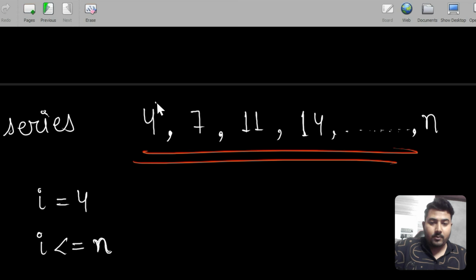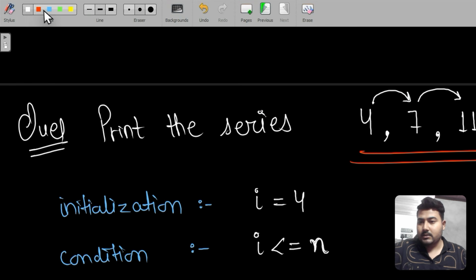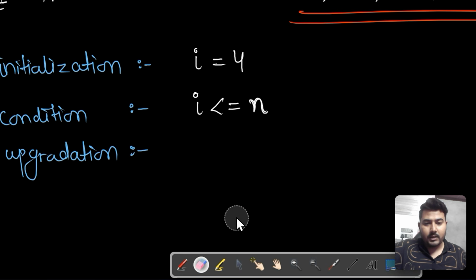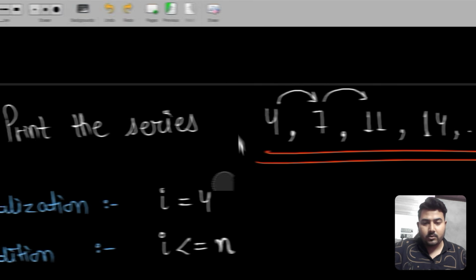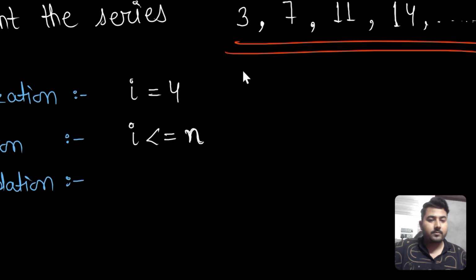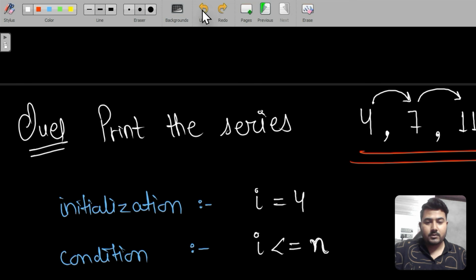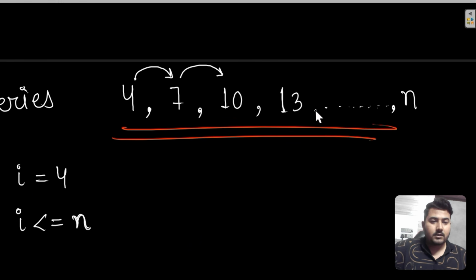I think I might have written this series in a wrong way. Just instead of 4, we have to mention 3 here. That one number got wrong. Now it is correct.